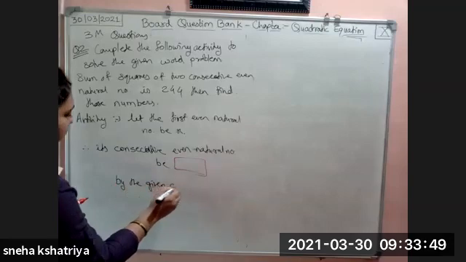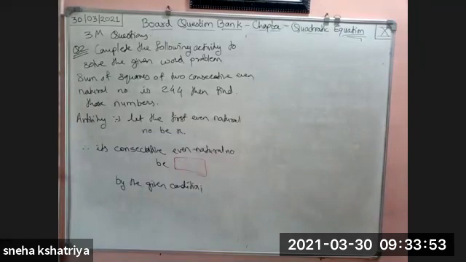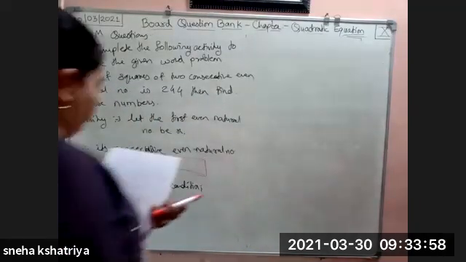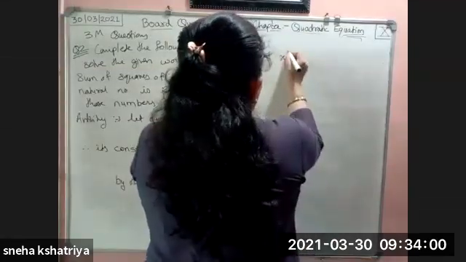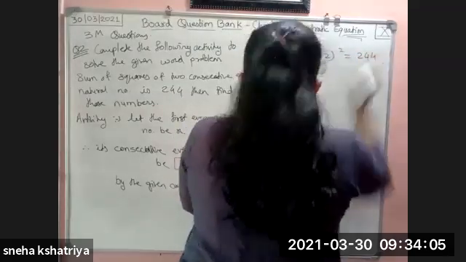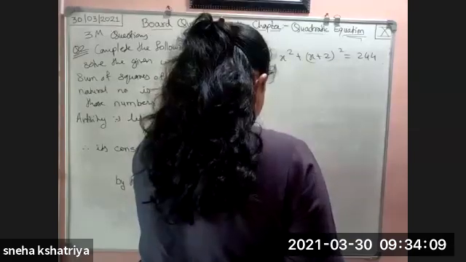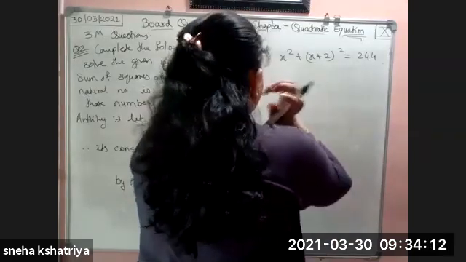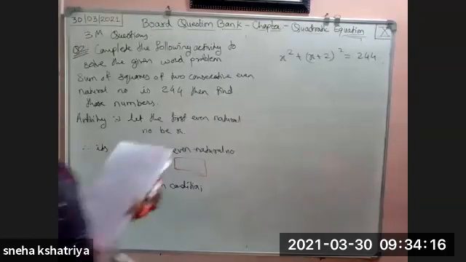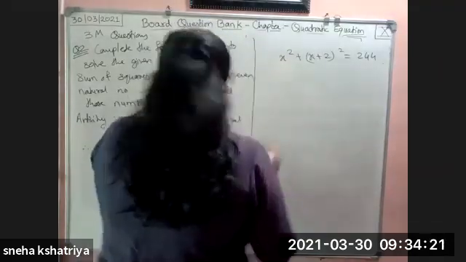So by the given condition, what is the condition given to us? Sum of squares. So here it will come x square plus (x plus 2) bracket square, which is equal to 244. It is already given to you in this complete manner. So here it will become, let's solve this.